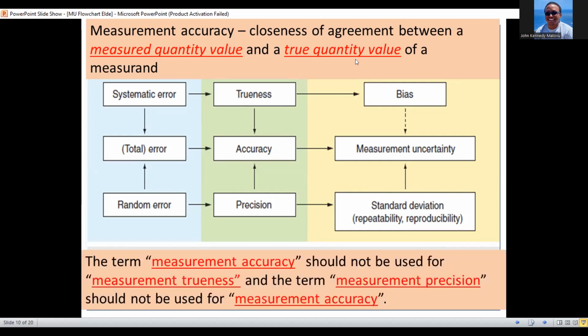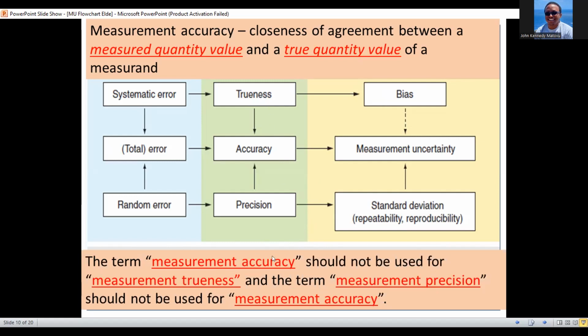Okay, here's what ISO is saying. Measurement accuracy should not be used for measurement trueness. And I admit that sometimes I equate this. Why? I come from the old understanding wherein when I say accuracy, it's equated to systematic error and trueness.